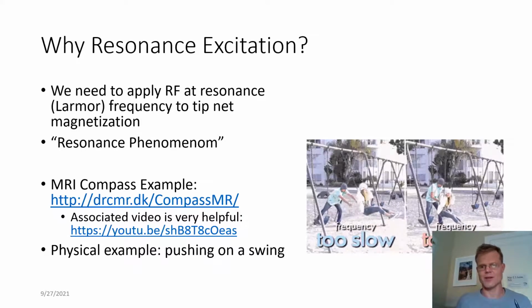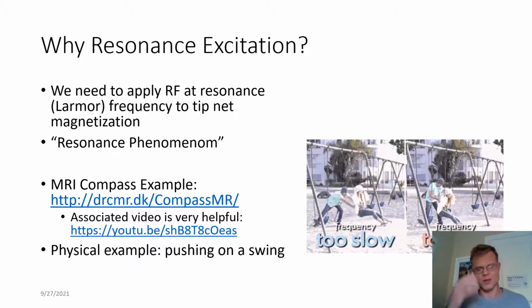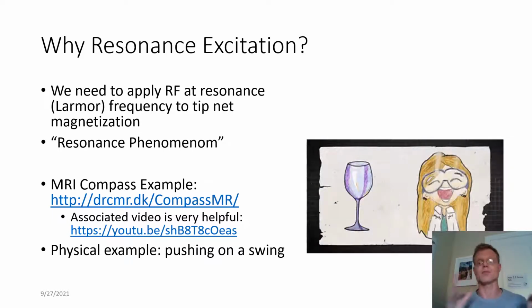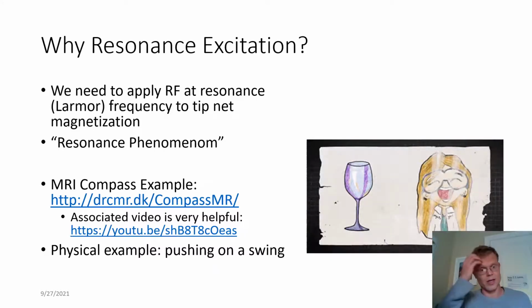If you do it incorrectly, like this, you push not with the resonant frequency, you'll actually go lower on the swing. And being in the resonance condition allows us to do large flip angles, to do significant perturbations of our net magnetization. And this MR compass example, which I'll go through in class, is also very useful to illustrate resonance excitation.